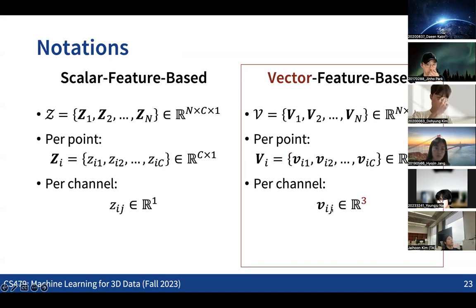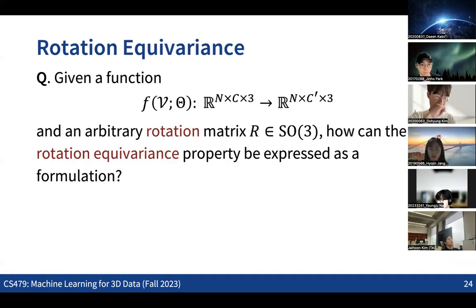So if everything is clear to you, then the question is this: let's think about a function which represents a layer in the neural network. And let's say we want to apply an arbitrary rotation matrix R. So let's think about the case where the input is n times c times 3 information, which is n number of points, c number of channels, and for each point and channel we have a three-dimensional vector, right?